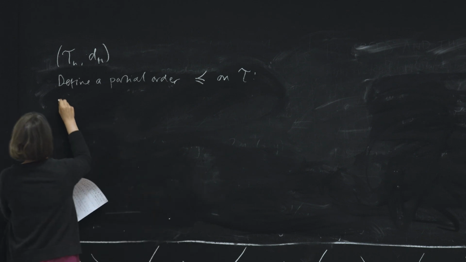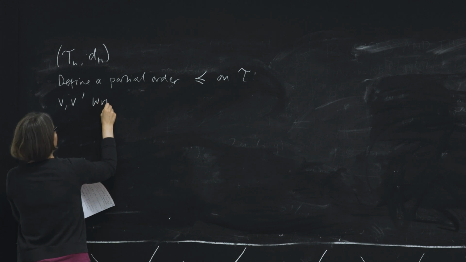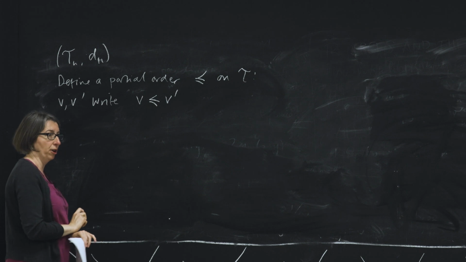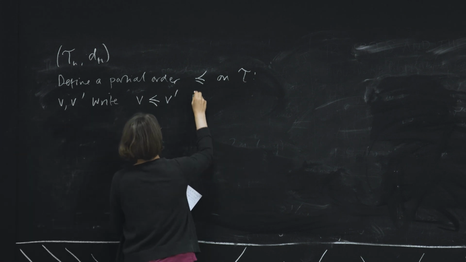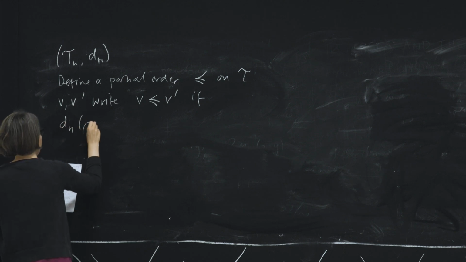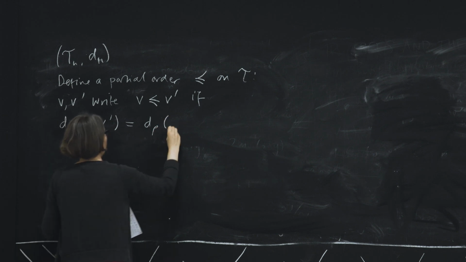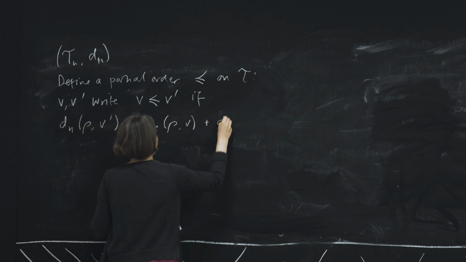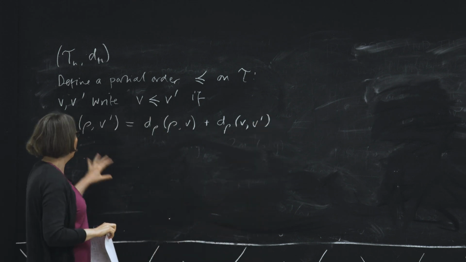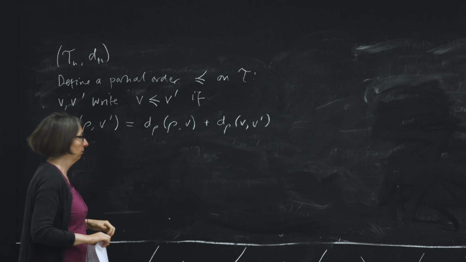If I've got a pair of vertices v and v', I'm going to write that v is less than v' in this partial order if the distance from the root to v' is precisely the same as the distance from the root to v plus the distance from v to v'. So these are pairs of points such that there's equality in the triangle inequality coming from the root.